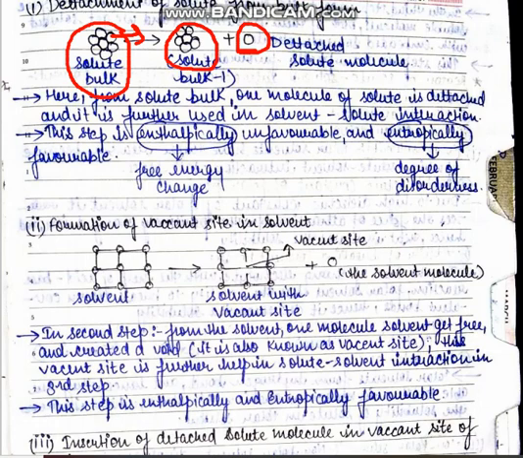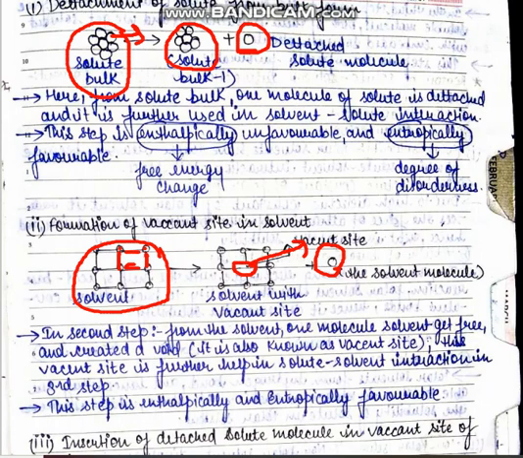Second is the formation of a vacant site in the solvent. This figure represents a particular solvent that is made up of different particles, and these particles are attached by a particular bonding, maybe covalent, ionic or some other. During the process, one particle of the solvent gets detached and creates a vacant site for the attachment of some other particle, and this is the solvent molecule that detached from the bulk of solvent.